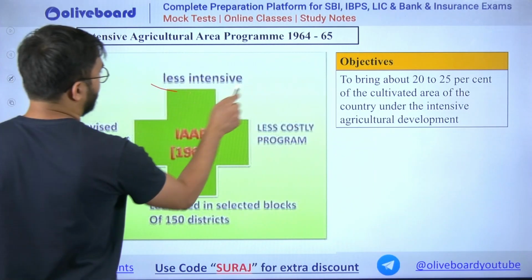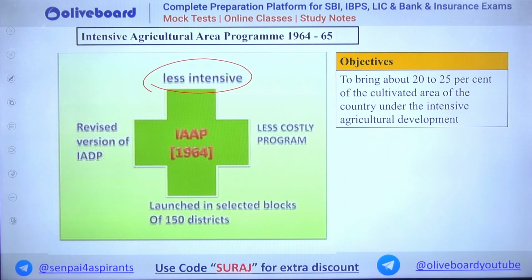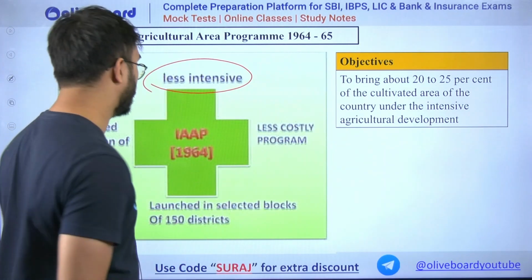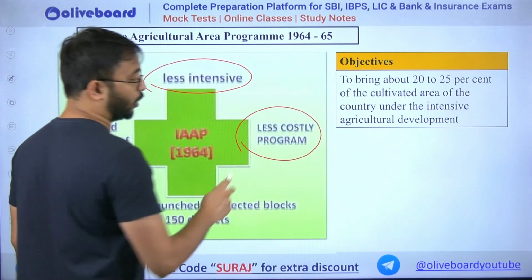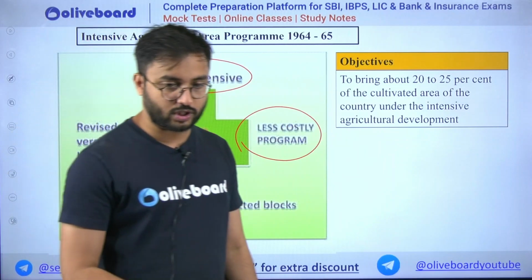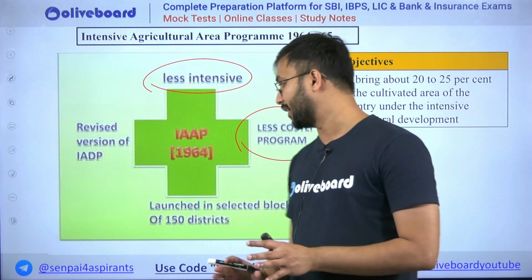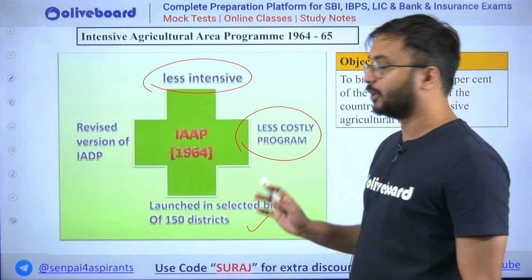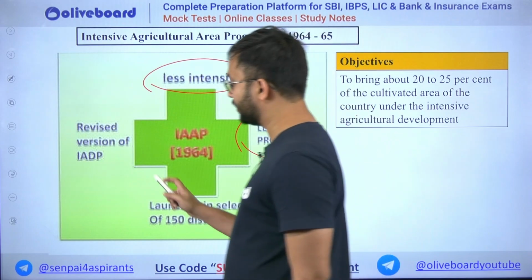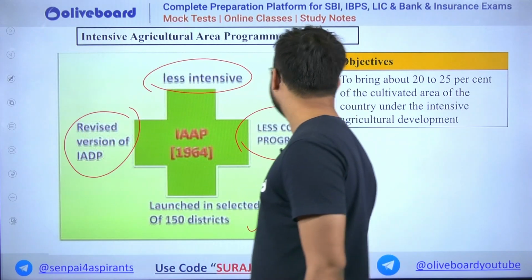So first is less intensive, in the sense what? Of course you are not haphazardly using your inputs. Less costly program, as I told you, you find your resources, you find your finances, you find your overall technology, and then you use it in an optimized way. Launched in selected blocks of 150 districts as a revised version of IADP.